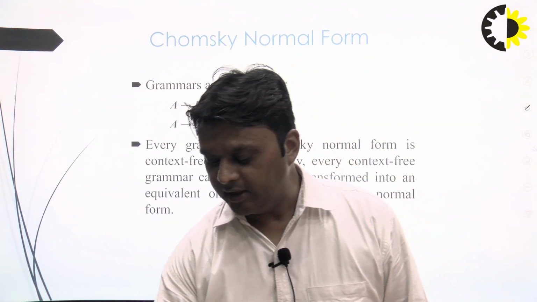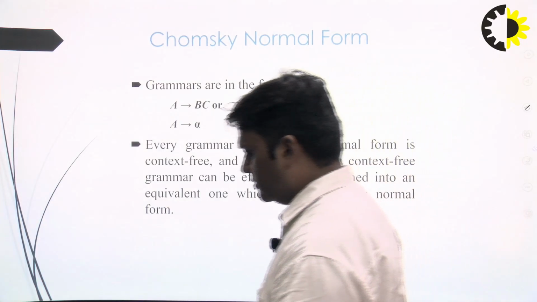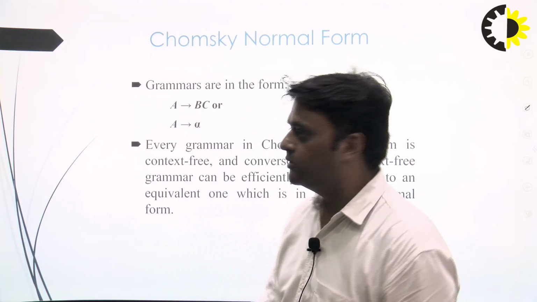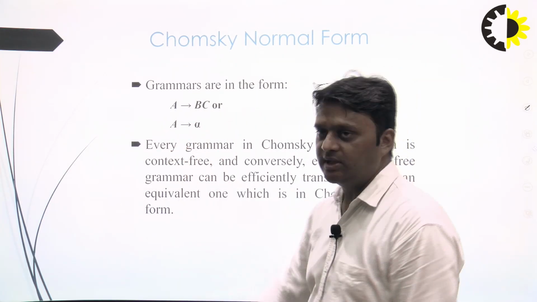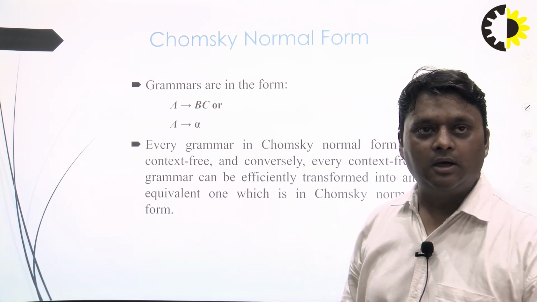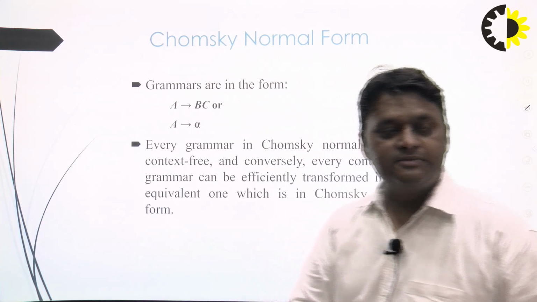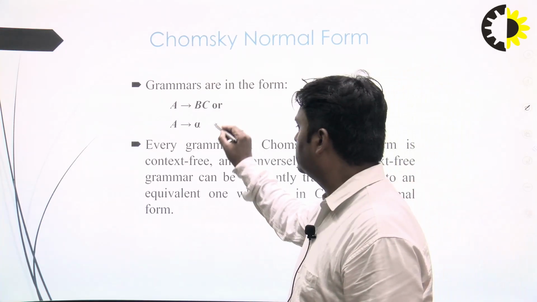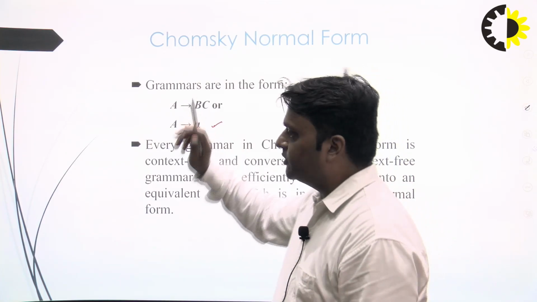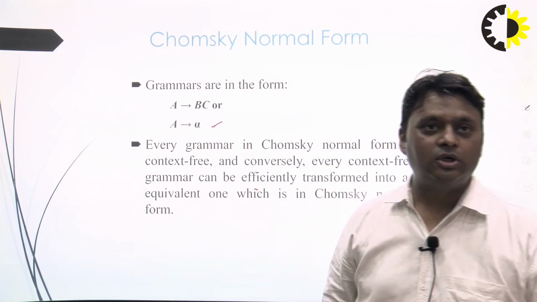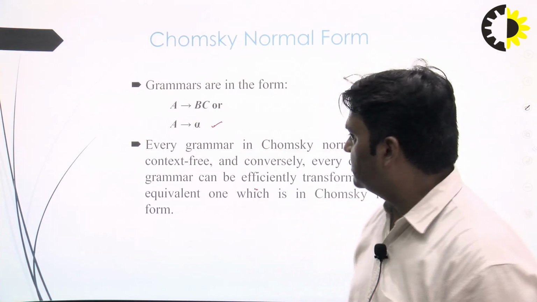Basically, any context-free grammar is in CNF if it is written in the form A implies BC and A implies a, meaning a non-terminal derives a single terminal, or a non-terminal derives two non-terminals.